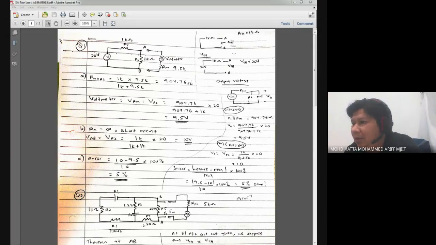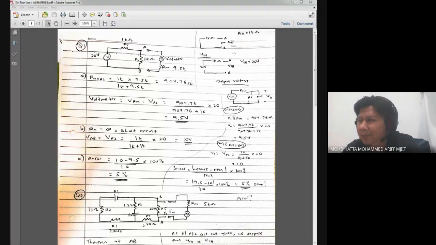RTH is 1 kilo. Okay. Right. Over here your answer is correct, and the way you find your solution also, I think, is correct, because you are not considering the R2 over here.